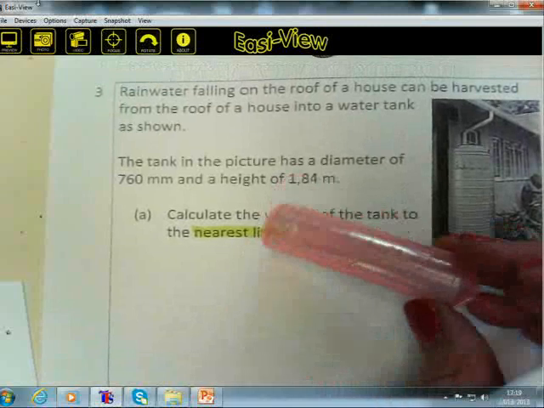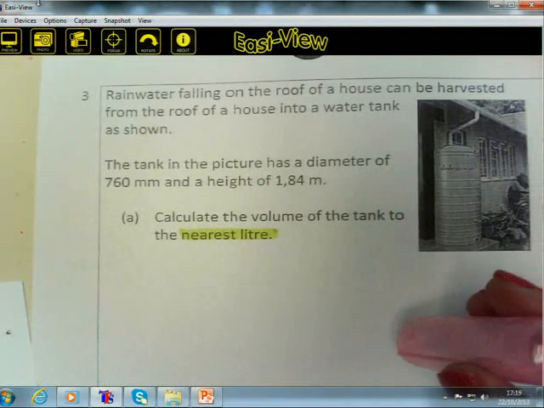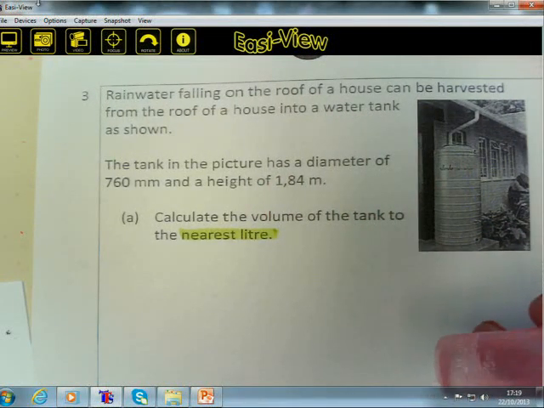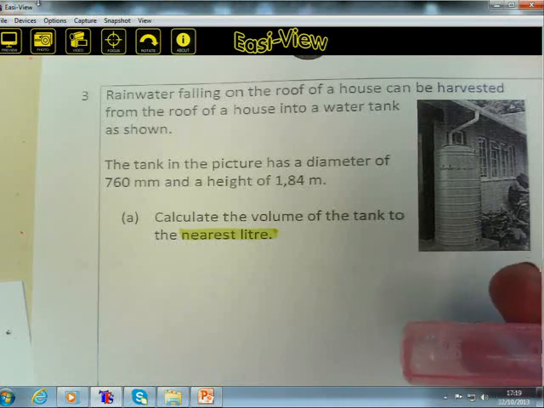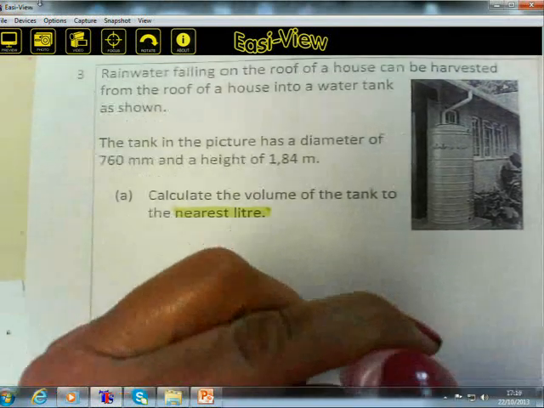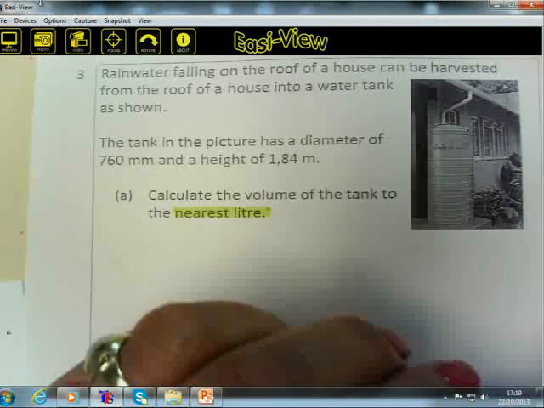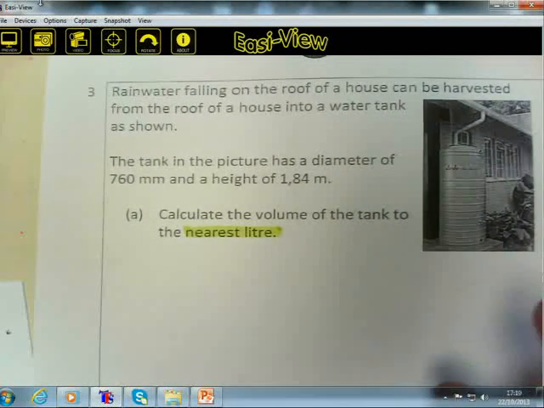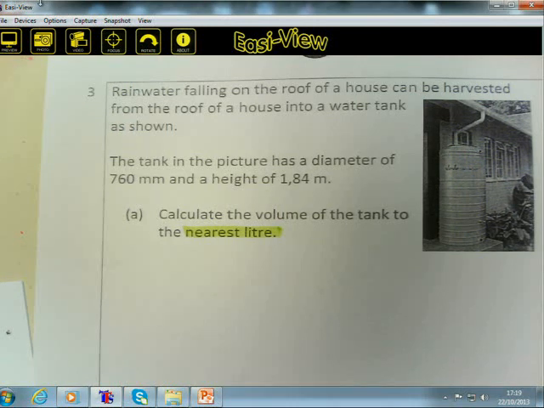Now we're working with a cylinder. A cylinder has a base of a circle and it has height. Rainwater falling on the roof of a house can be harvested from the roof of a house into a water tank as shown.